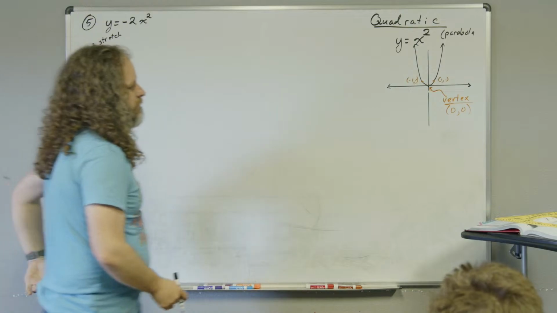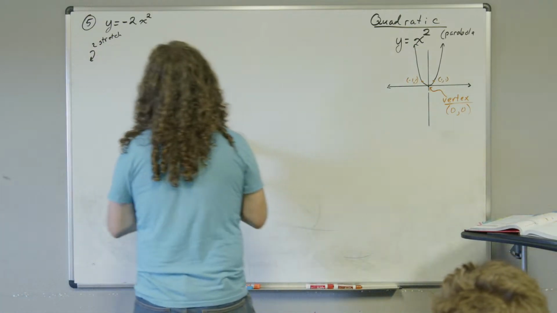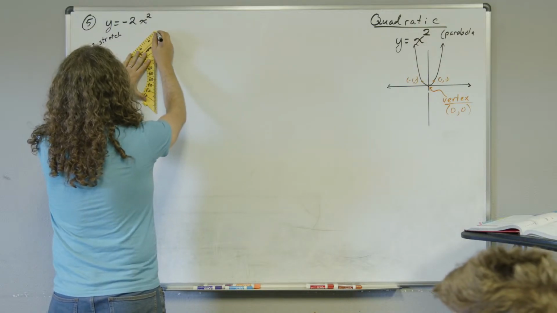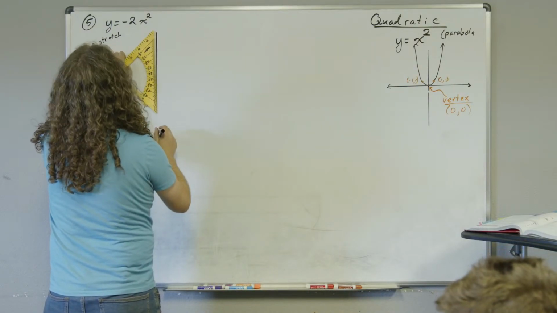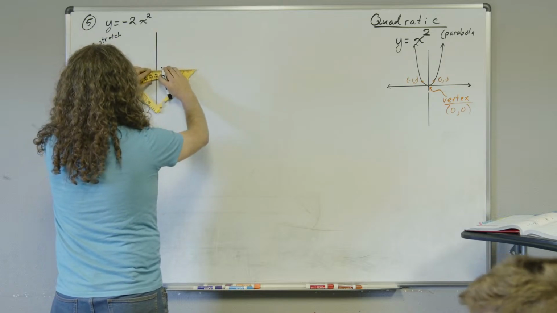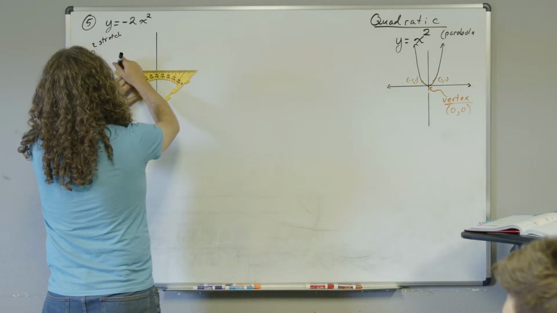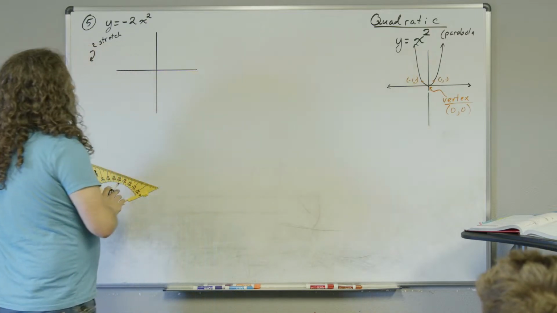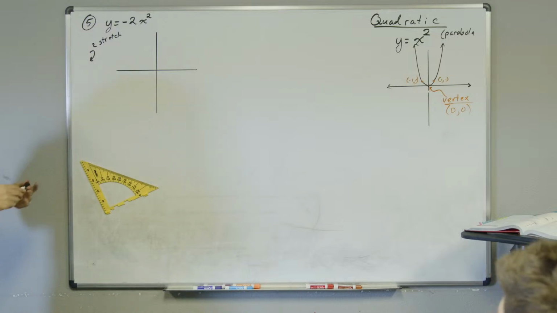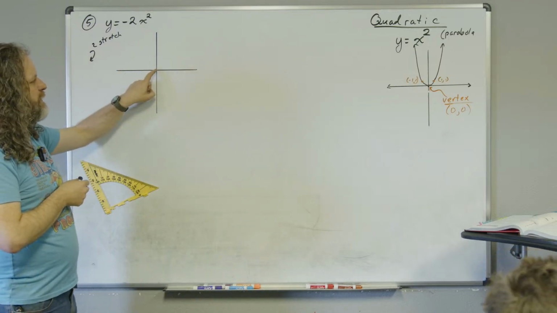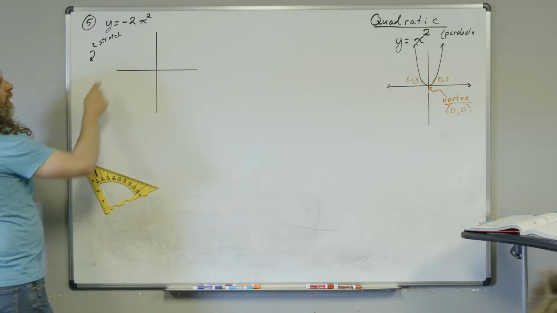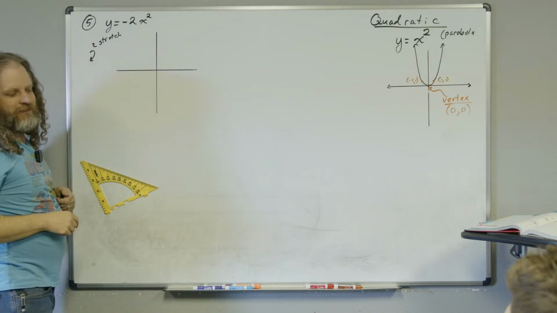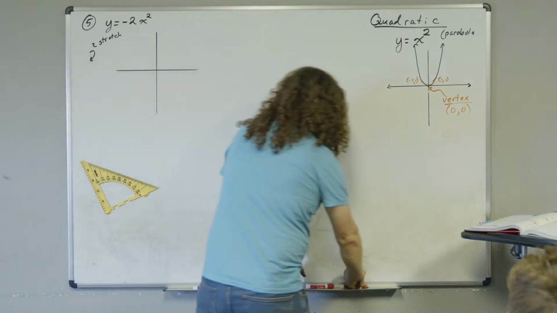Okay, so let's graph it. Okay. So the vertex didn't change, right? There's nothing that changed on the H and K, so the vertex is still 0, 0. And we can prove that, right? We put a 0 in here. What's 0 squared? 0 times negative 2 is 0, right? So the vertex didn't change, right?